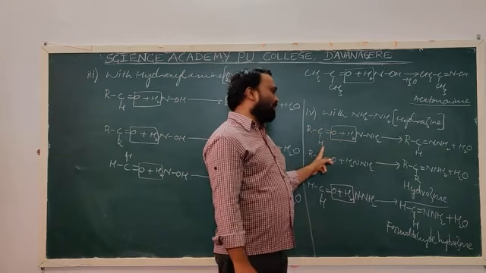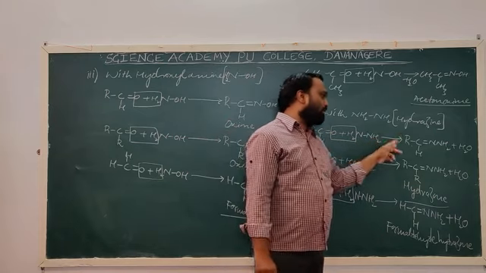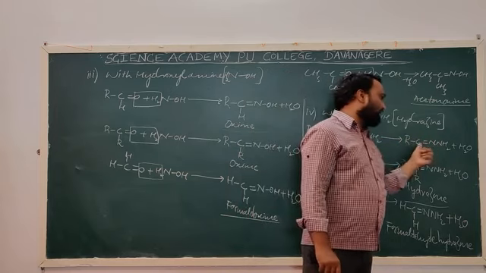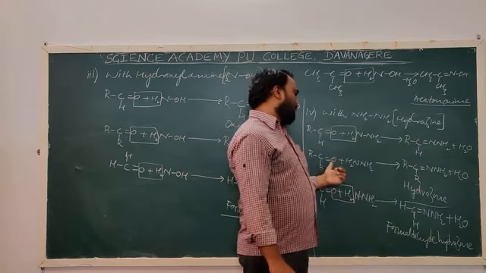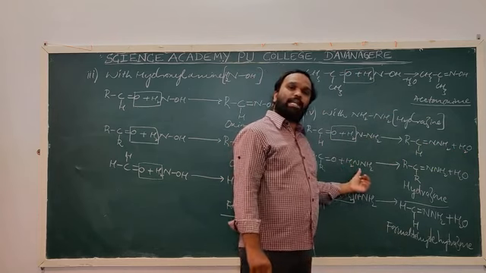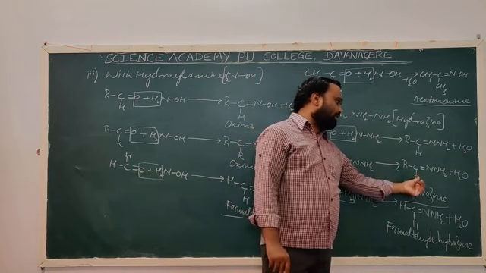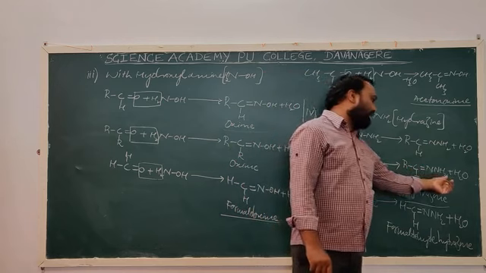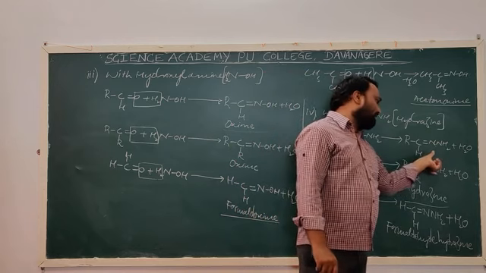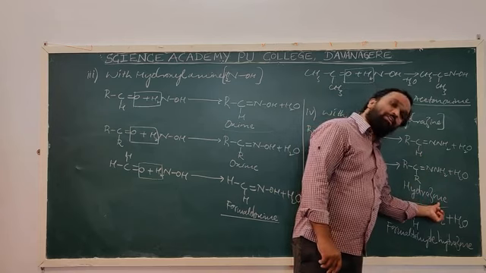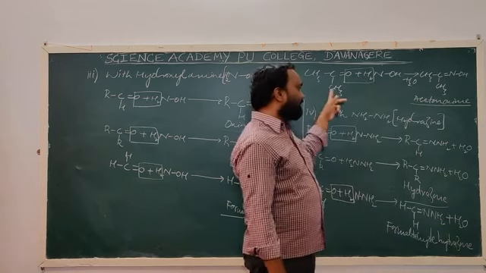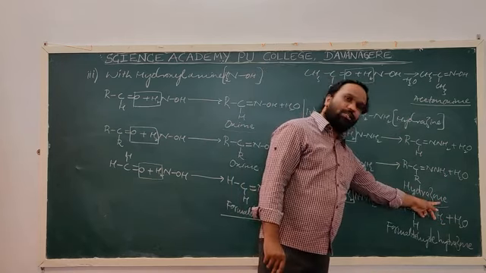RCHO plus NH2NH2, H2O is removed, giving RCH double bond NNH2. Ketone RCOR plus NH2NH2 gives RC double bond NNH2. The general name of these compounds is hydrazone. Hydrazine gives a hydrazone.